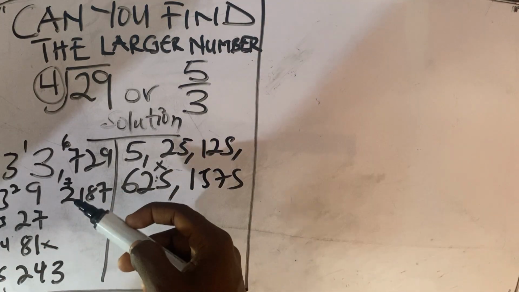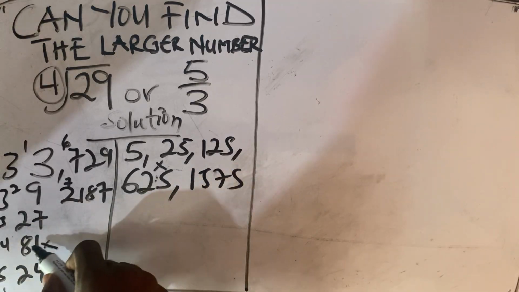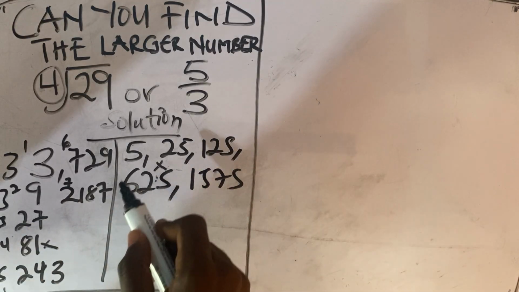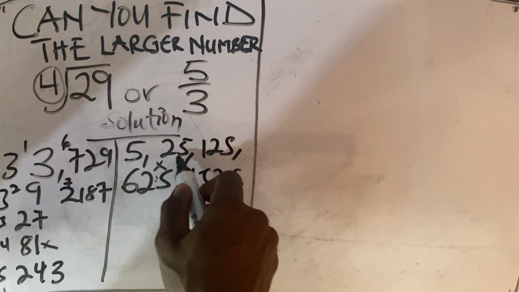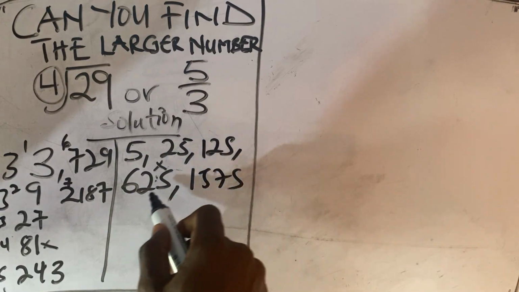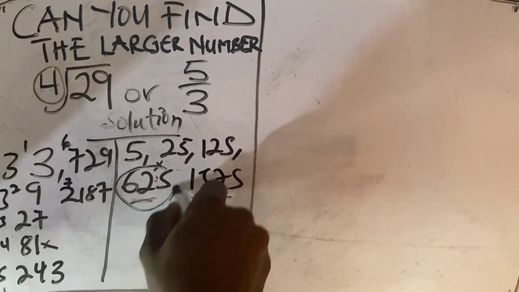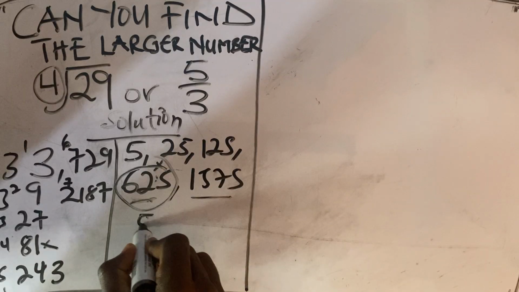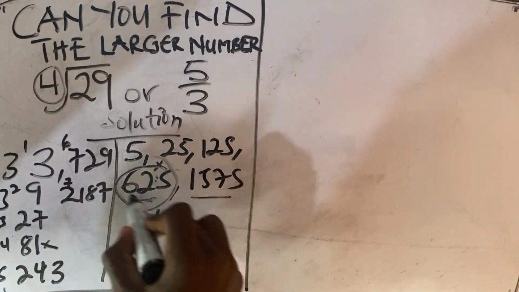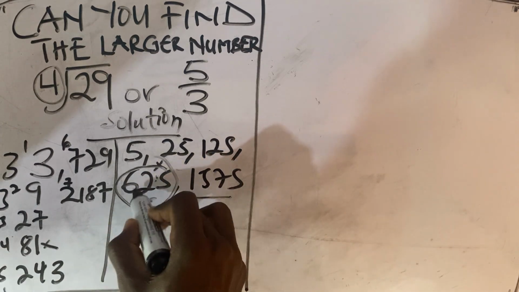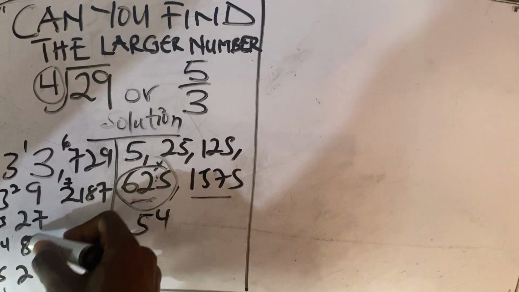But we are going to consider numbers which look a bit closer. Remember, I'm taking a number which is to the power 4, so I can't take 5, I can't take 25, I can't take 125, but I can consider numbers from here, right? So I'm picking this number for 5 raised to the power 4, but with 3, I have to look for a number that will be closer to 625 but has the fourth root, or has more than the fourth root.